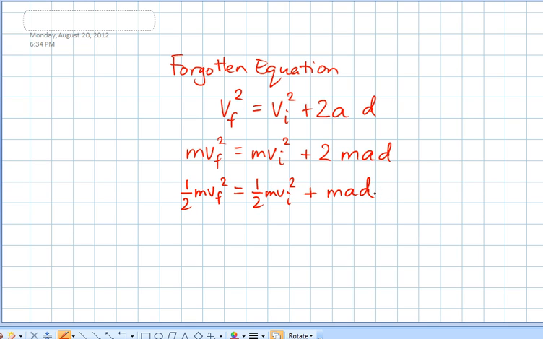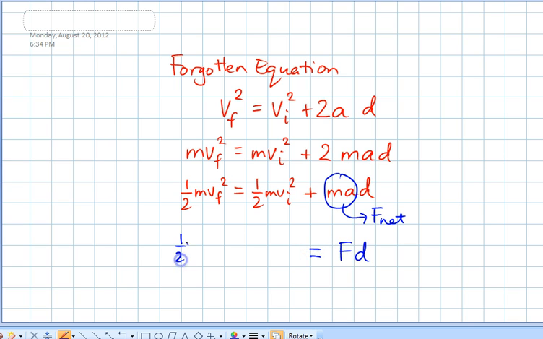Okay. So you might remember from way back when that if you take mass and multiply by acceleration, you get Newton's second law, or the net force. So that means that we can replace ma with F for force, and that turns our equation into something that looks kind of like this.